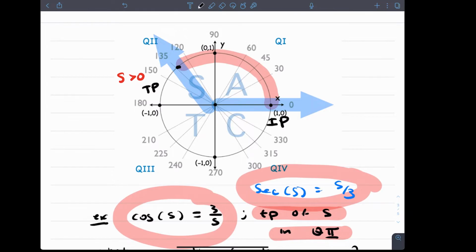And I'm reading it here: terminal point is in quad... I actually made a mistake. I made a mistake. Let me go back.